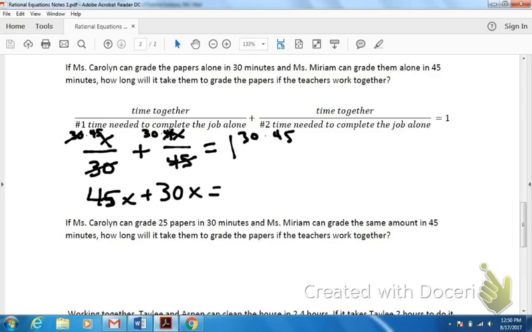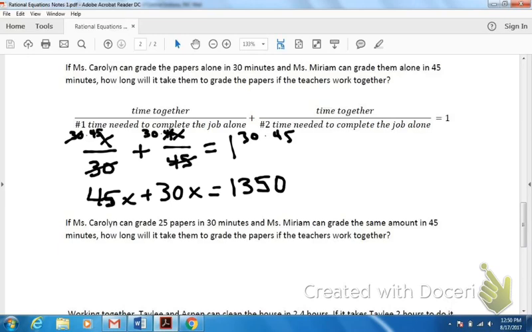Now, the 1 has to get multiplied by both of them if you do it this way. So you have to do 30 times 45. What do you get? 1350. You have calculators. 1350, right? Okay. Then what do I need to do? Combine the like terms first. Yeah, combine the like terms.